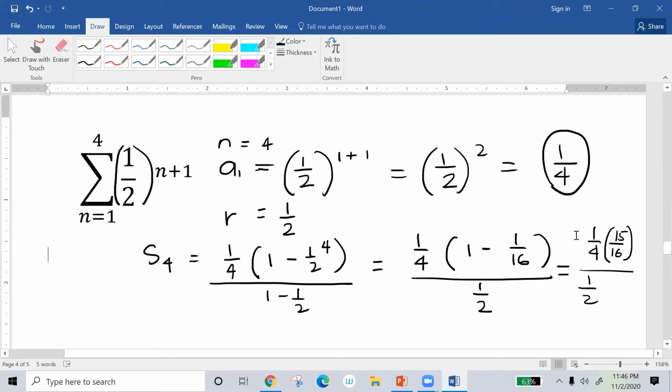Then simplify. So it will give you 15 over 32. So the summation of the first four terms is 15 over 32.